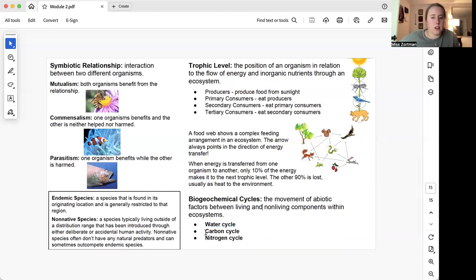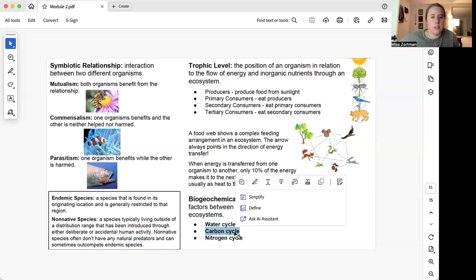Carbon cycle: the only way carbon exits the atmosphere is through plants and photosynthesis. So photosynthesis is the only thing that removes carbon. Carbon is then broken down as plants and animals die and put into the soil.